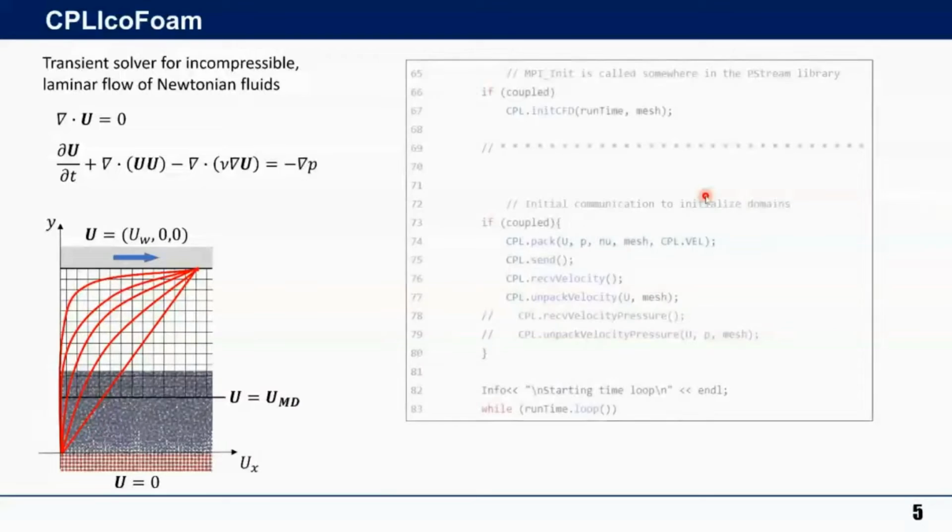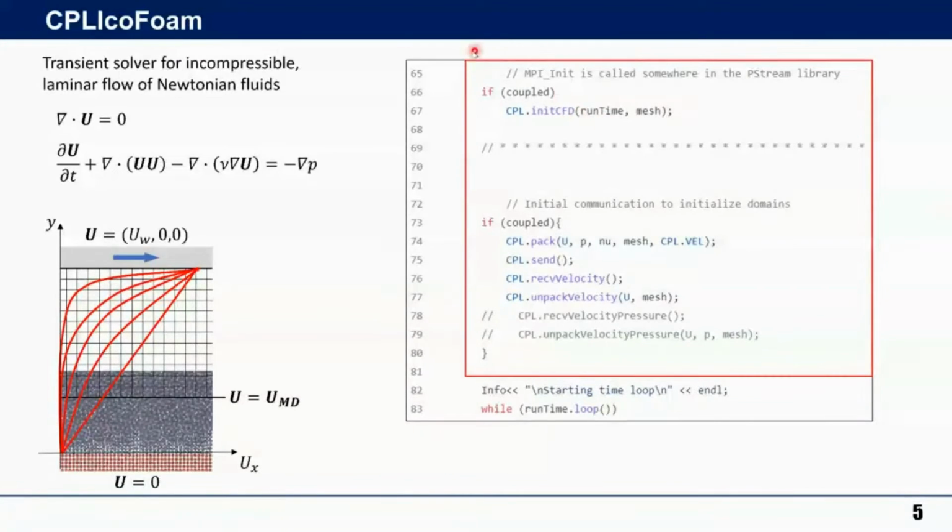As we scroll down in the solver, we see now that if this is a coupled code, there will be the initialization of the CFD field, and there will be a first send command that will take the fields from OpenFOAM and will send them to molecular dynamics, and a receive command here where OpenFOAM will unpack velocity and send them out.